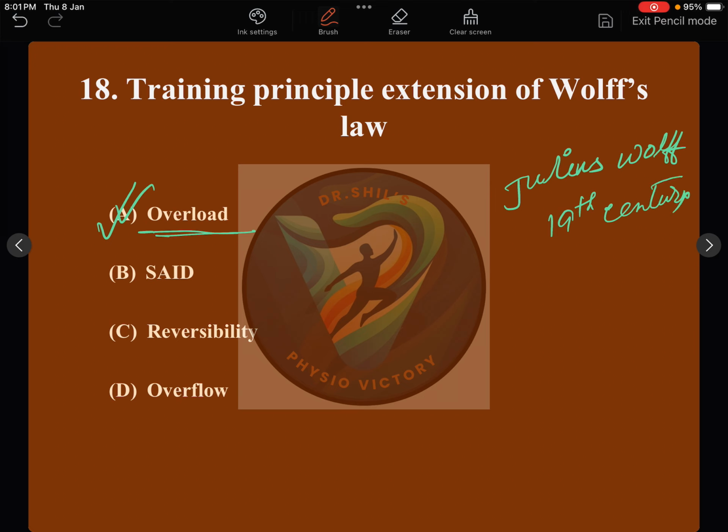Basically, he states that bone adapts to the mechanical load or stress placed upon it. In the context of exercise physiology and training principles, Wolff's law is directly extended through the principle of overload, also called progressive overload.